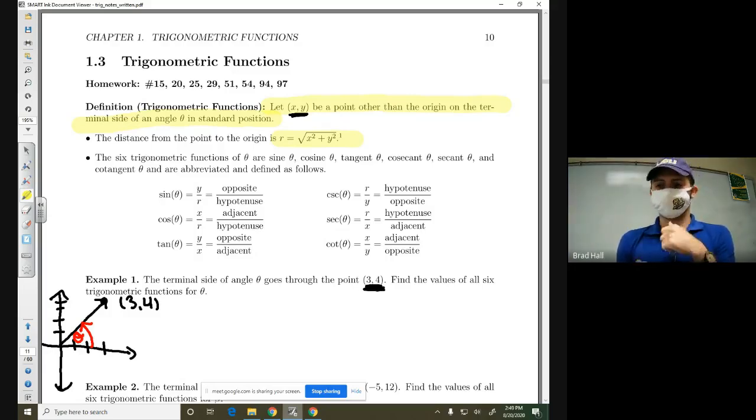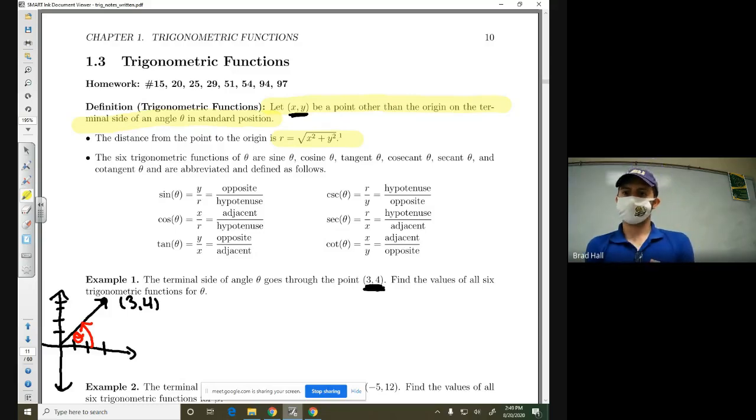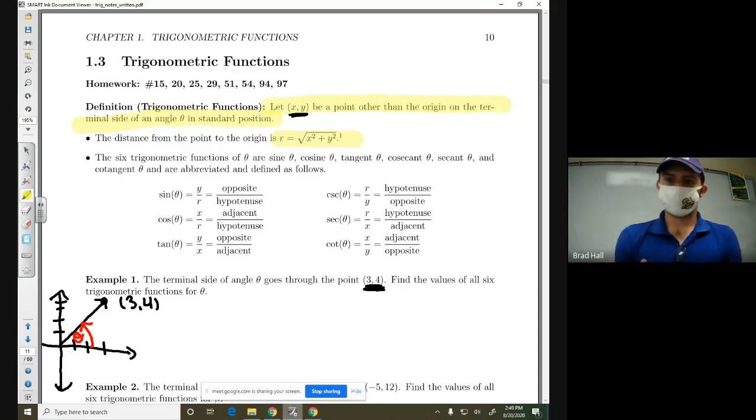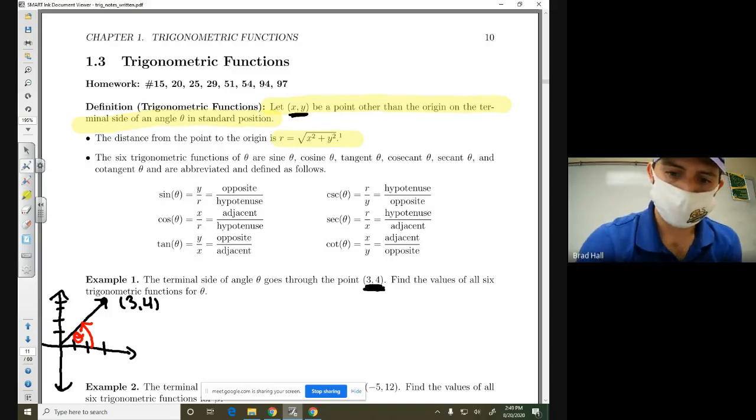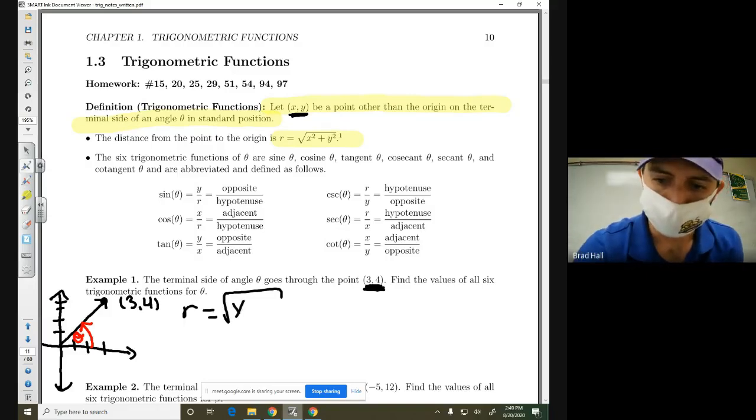So now there's this r that's incorporated based off of x and y. So r is equal to the square root of x squared plus y squared.